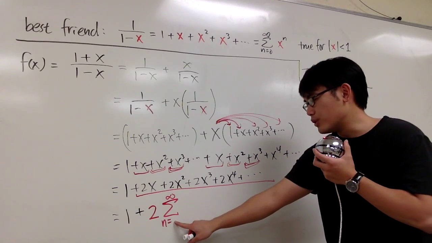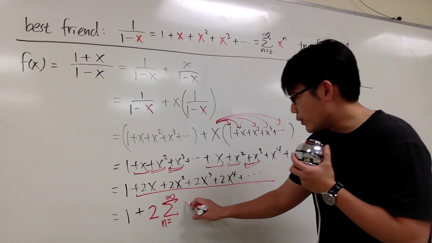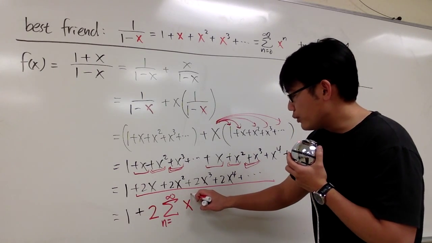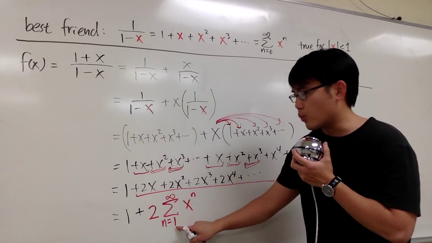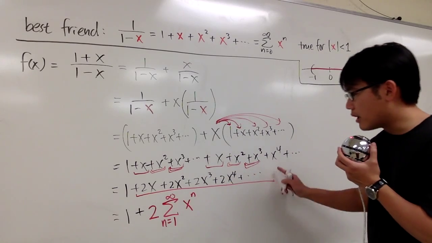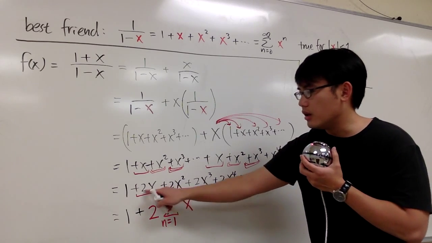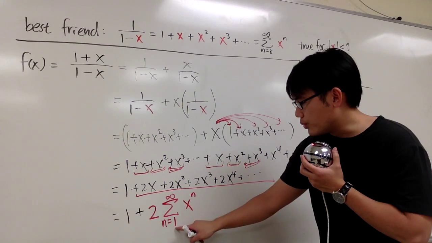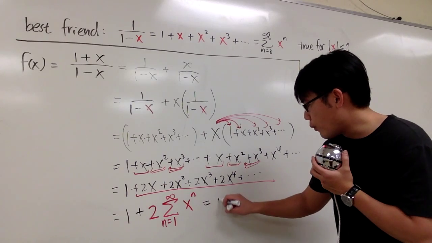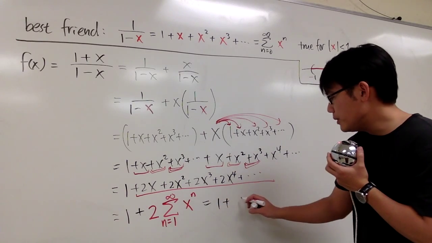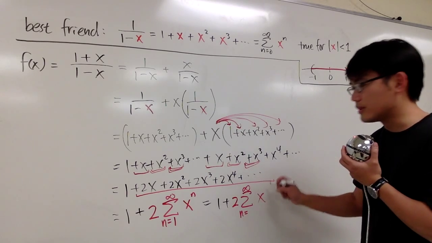Depending on what you want to put for the starting value of n, it may be different. So we can put on x to the nth power. In that case, make sure that we start off with n equal to 1, because the first term in the red part is when n is equal to 1, we have n to the first power right here, along with this 2. If n is equal to 2, that will give us this term, and so on. This is the same as saying 1 plus, and the red part can also be written as 2 sigma, starting with something to infinity, x to some power.